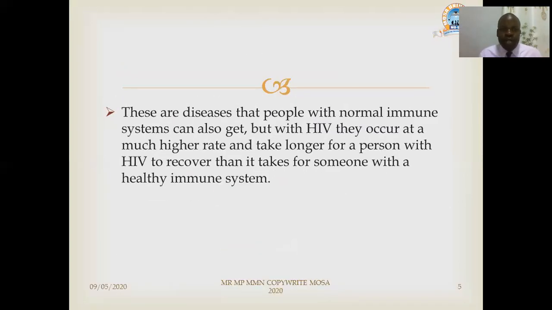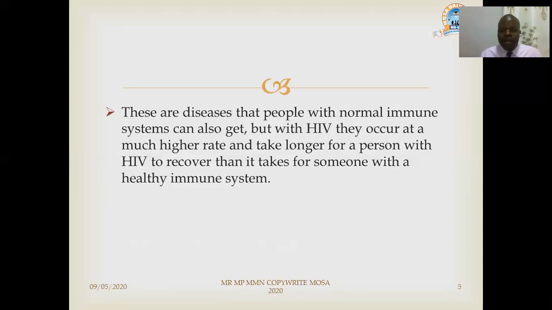These are diseases that people with a normal immune system can also get, but with HIV, they occur at a much higher rate and take longer for a person with HIV to recover from than it takes for someone with a healthy immune system. We should also take into account that these opportunistic infections can occur in individuals without HIV.